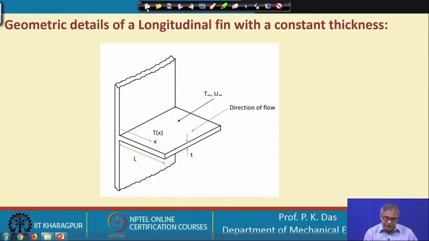Then we can see one fluid is flowing over the fin, and at the back side of the fin also fluid is flowing. Over the base surface or primary surface also fluid is flowing.